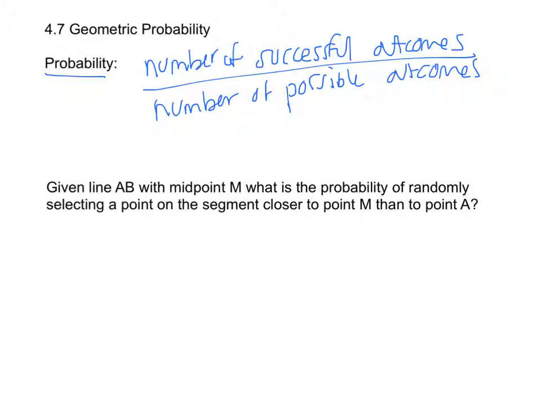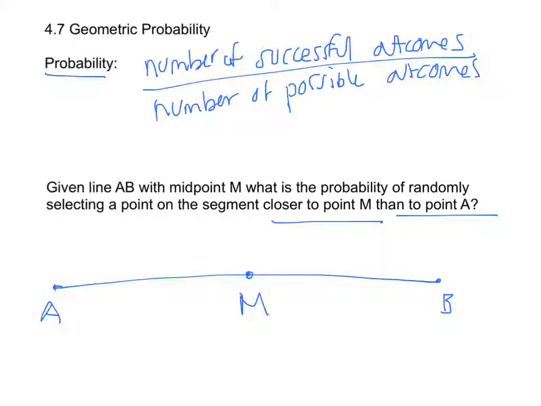So it's what you're looking for over everything that's possible. Here we have an example problem. Given segment AB, with midpoint M, what is the probability of randomly selecting a point on the segment closer to point M than to point A?